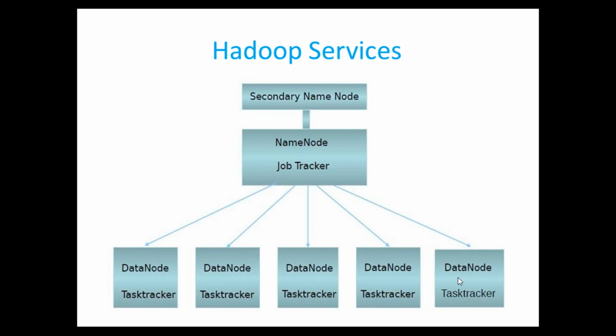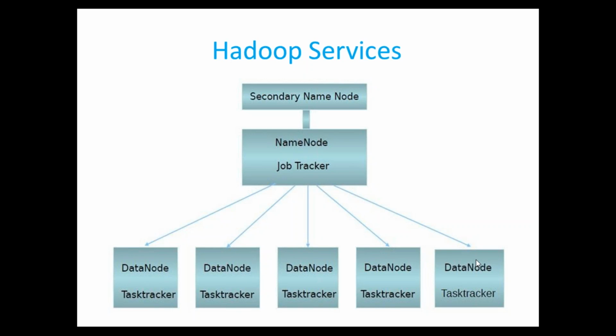Being a master, name node will accept your storage related request. You want to load some data into multiple systems, distributed storage. So name node will accept your request and then assign the task to multiple data nodes so that they can split the data into multiple smaller parts and store it on the distributed system.